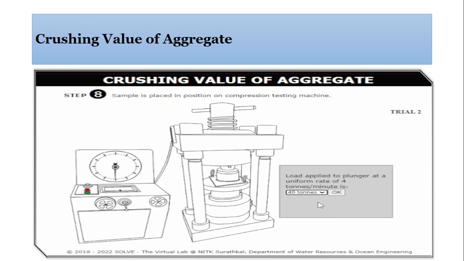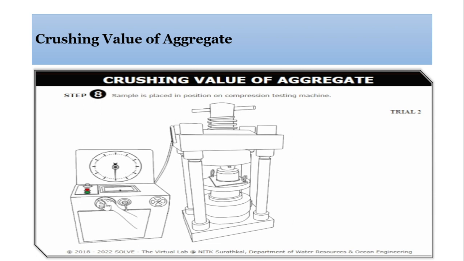After applying the load, stop the machine, release the load, release the pressure, and remove the mold from the UTM machine.